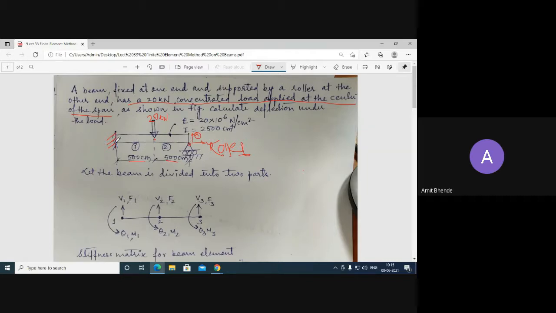Now here the length of the beam is called span. Okay, span is a technical term which is used for representing the length of a beam. Actually, we cannot use the term length in the beam. You need to use this word span. अगर आपने बीम का लेंथ बोला तो वो गलत नहीं होगा, लेकिन टेक्निकली उसको स्पैन बोला जाता है.